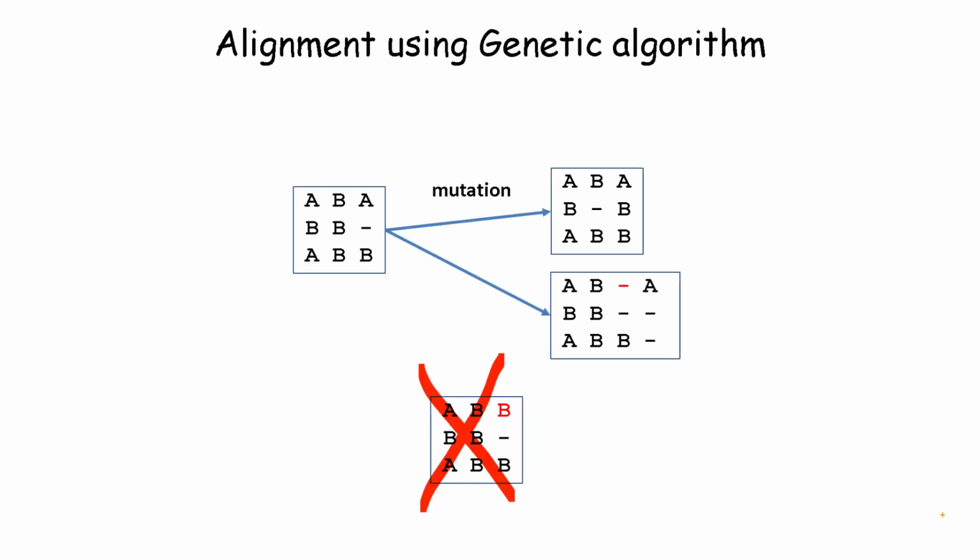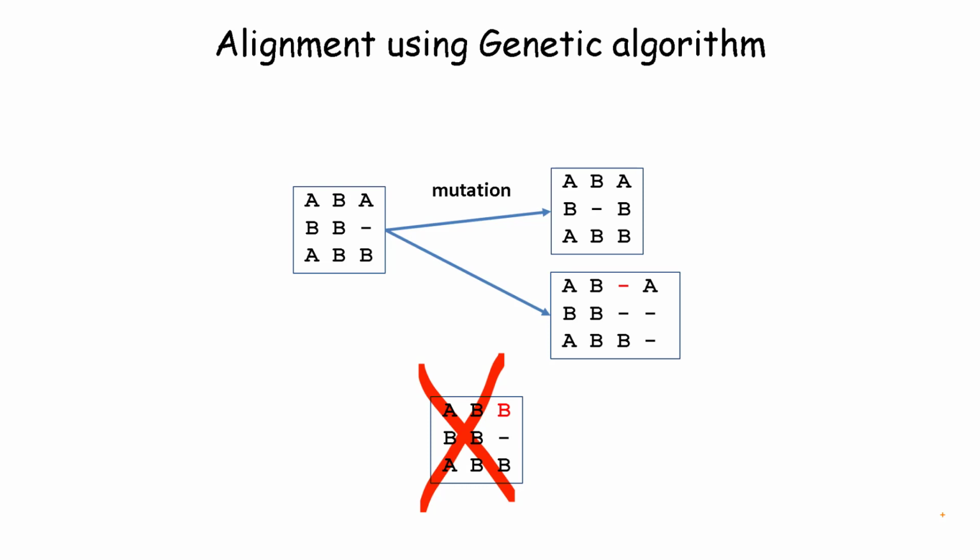When applying the genetic algorithm to a problem, you have to define how an individual is represented and how mutation and crossover operations are performed. For multiple alignment, we can just use the alignment as a matrix, where each row represents a sequence.